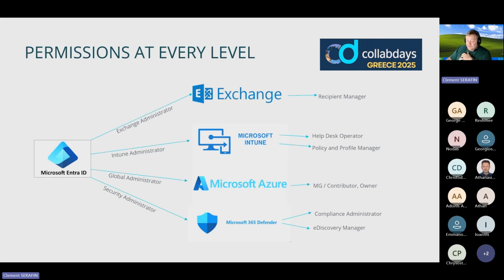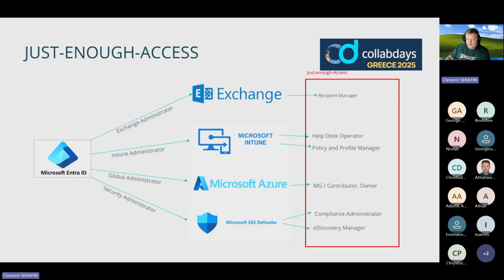You have the permission on the service, which is on the left part, so Exchange, Intune, Global, or Security Administrator, and you have the permission which are located directly in the product. Like in Exchange, you can be recipient manager, in Intune, help desk operator, in Azure, you have the management group, etc., and in Defender, you have the compliance administrator as well.